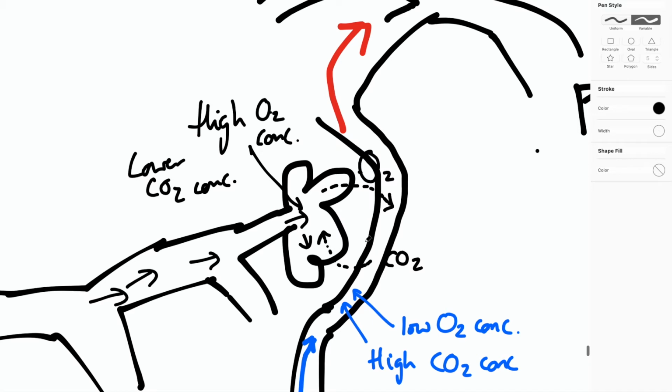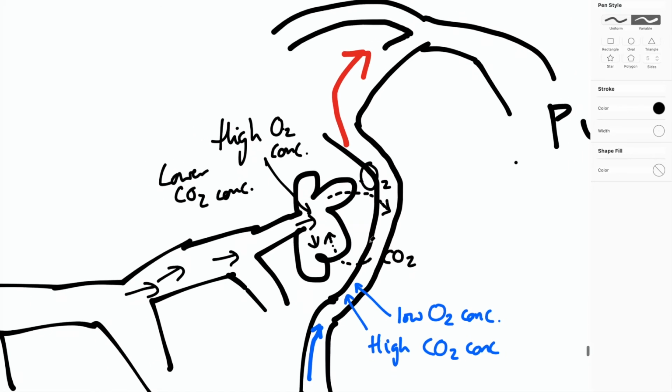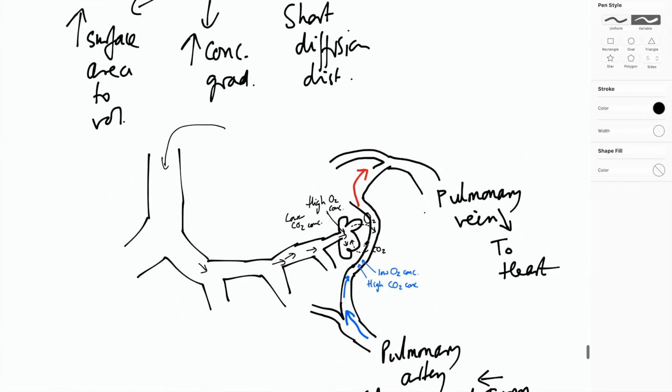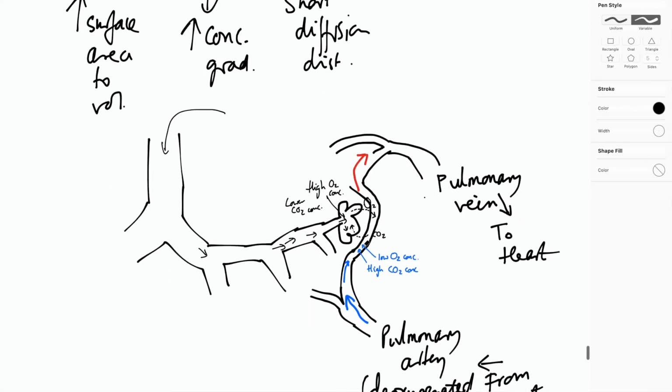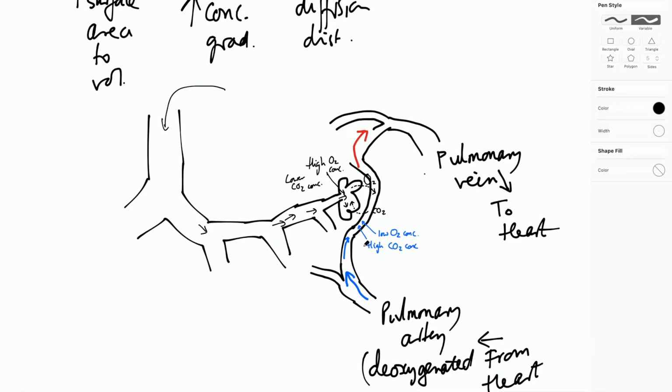What we want to discuss really is what are those adaptations that help this process. Remember, ultimately this is all happening by diffusion. When we zoomed in to the capillary and the alveolus, oxygen was moving from the alveolus into the capillary by diffusion, and carbon dioxide was diffusing from the capillary into the alveolus.